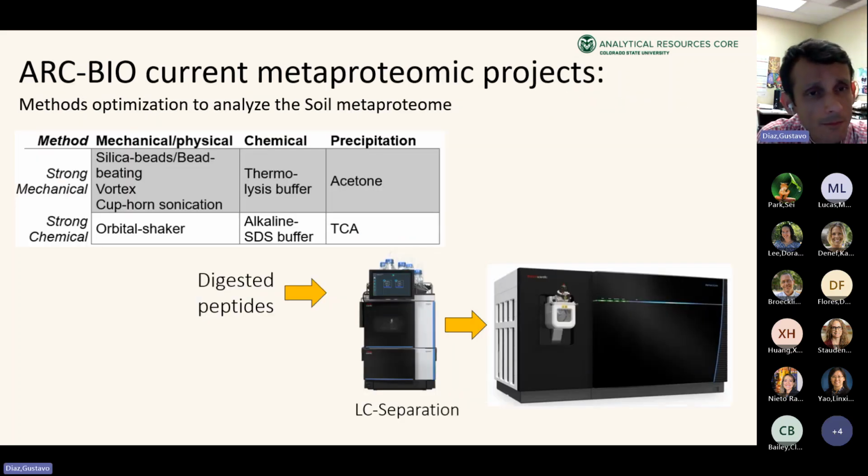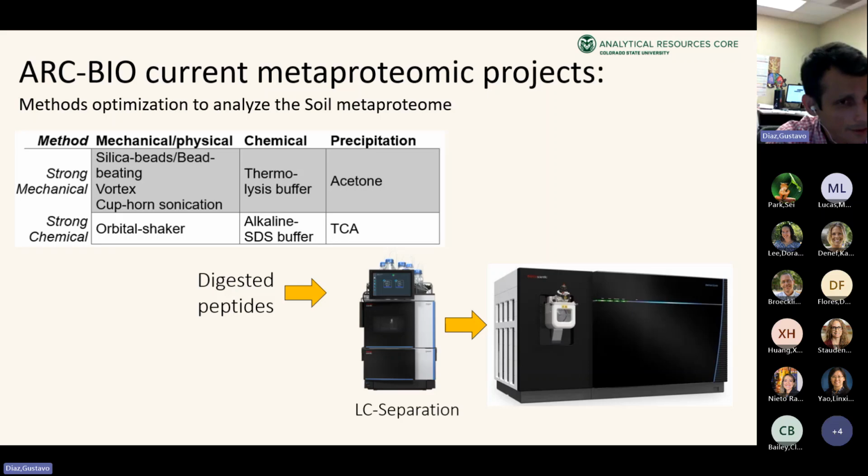Another study that I'm going to mention is this method optimization study. One of the challenges of studying metaproteomics, as I told you before, is the nature of the sample, and soil metaproteomics is very challenging, not only because of the variety of microorganisms, but because of the humic compounds. So we thoroughly analyzed two methods, one with a strong mechanical approach, and the other with a strong chemical approach.